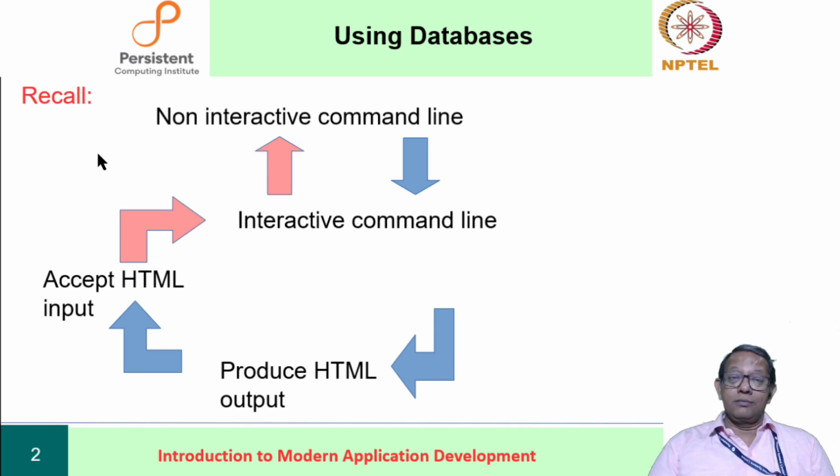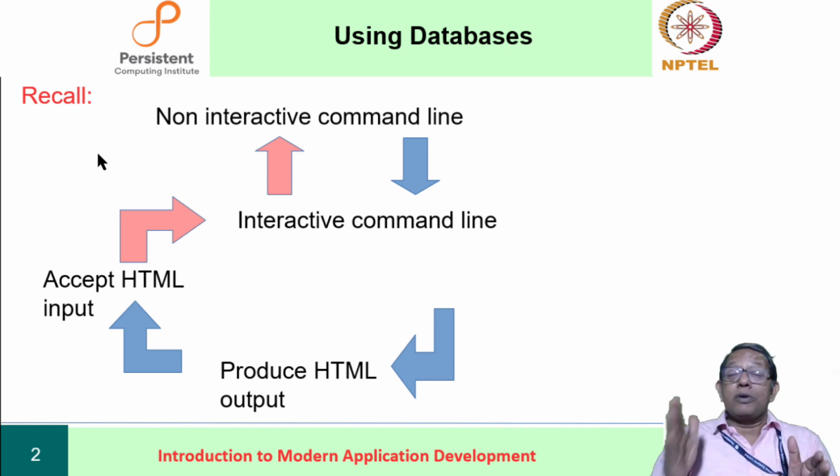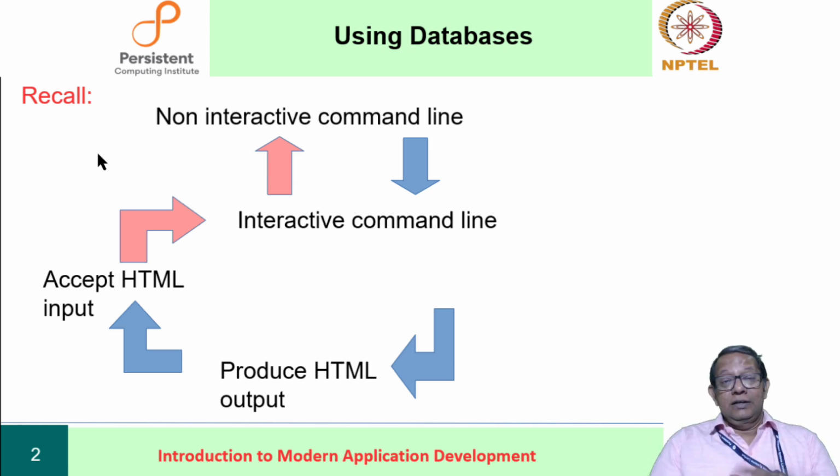But continuing, after the interactive command line version of the program, we then graduated to decoupling the input and output from our processing, the view and the model part, as Professor Sane would have put it.